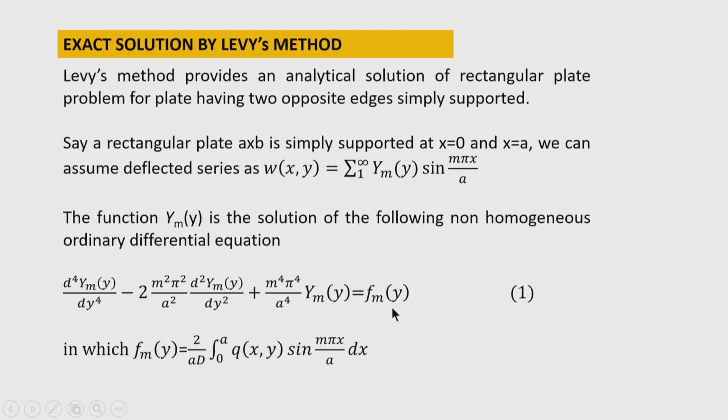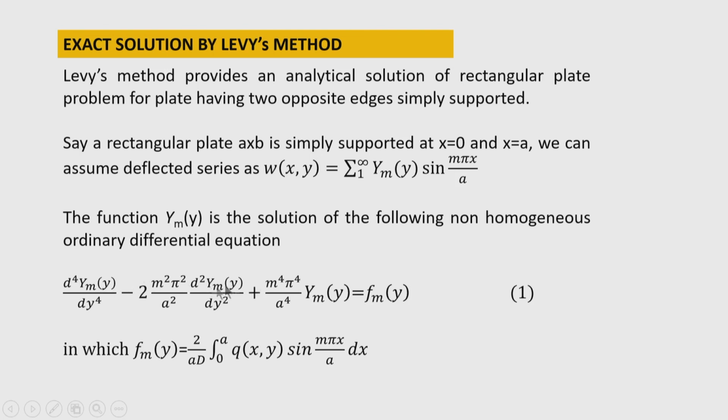Because the integration is carried out with respect to x, the result will not contain any x variable. So it will be purely a function of y. So this is the differential equation in y.